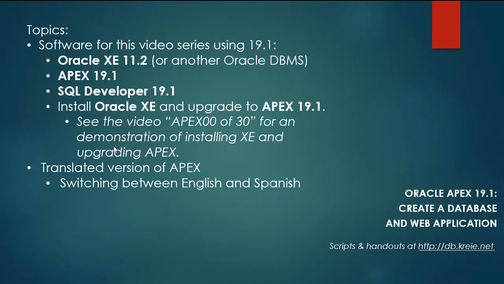I will not walk through the steps of installing XE and upgrading to Apex 19.1. You can look at the previous video series and this particular video, Apex 00 of 30, if you want a demonstration of how to install XE and upgrade Apex. The steps of going from Apex 18.1 to 19.1 are the same.